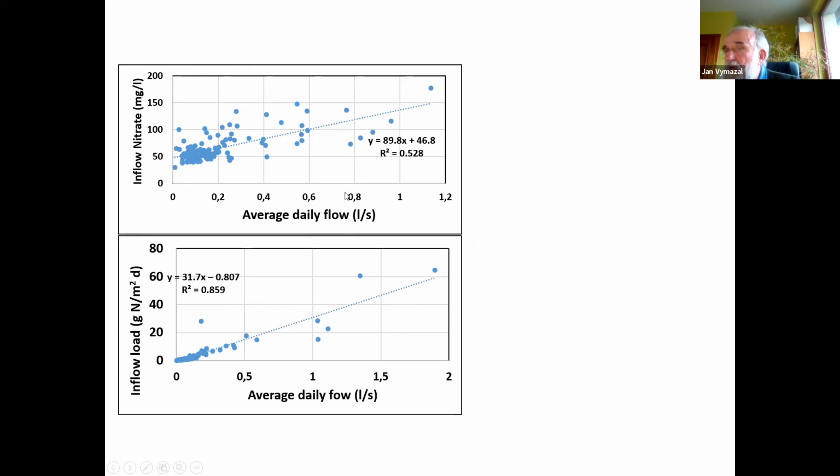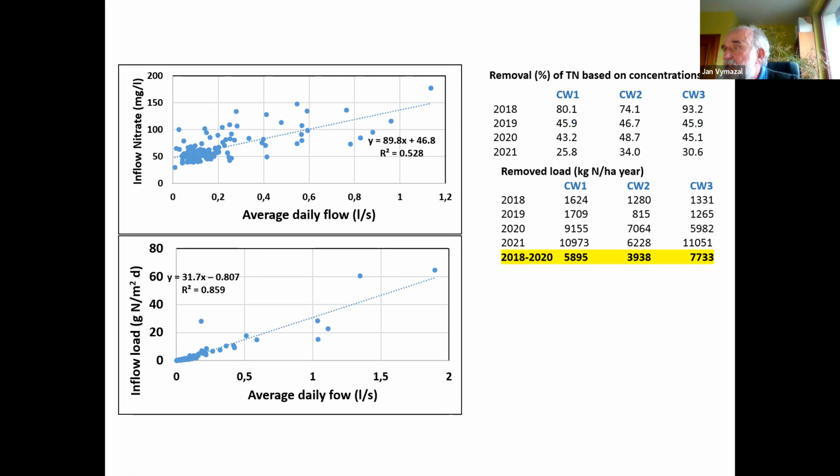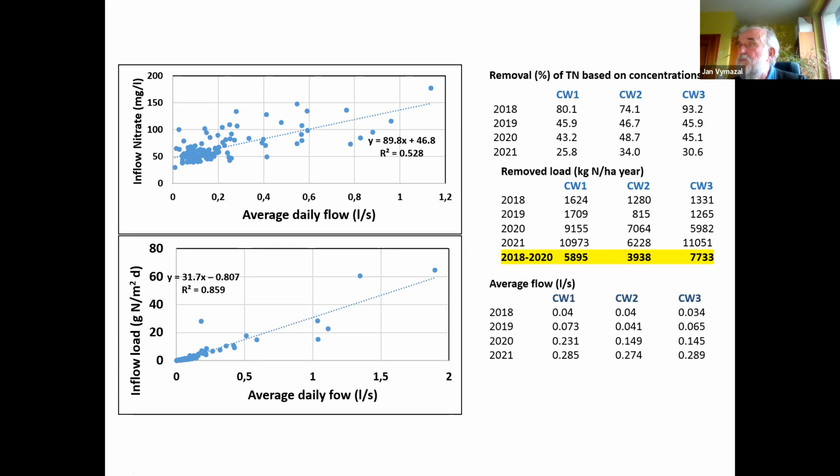The higher the flow, the higher the inflow concentration, because the high flows usually wash out the nitrate from the soil. And also the higher the flow, the higher the inflow load. So this is very much different compared, for example, to wastewaters, to sewage, where during the rain events the wastewater is very much diluted, but this is not the case. We have high concentrations and high flows at the same time. And it's quite clear from these pictures.